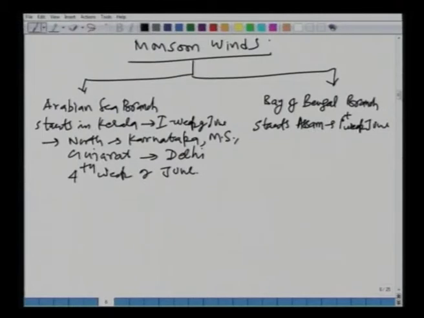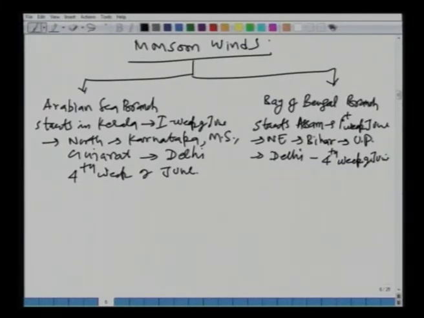So, the Bay of Bengal branch starts in Assam in the first week of June, and then it comes through the northeast region to Bihar, through UP, and other places, and then this also reaches the central portion Delhi around the same time, 4th week of June.